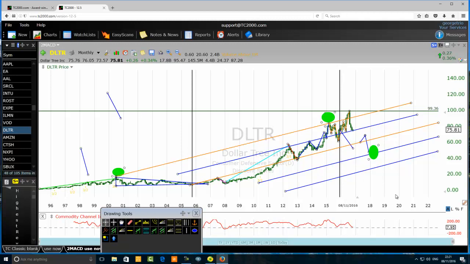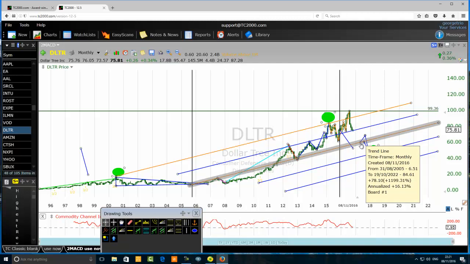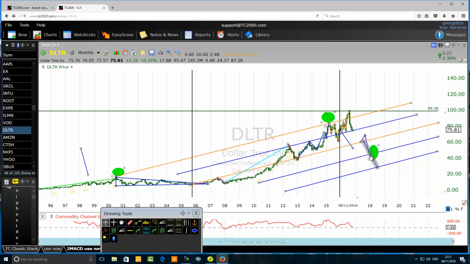That zone is needed at this point here, which also corresponds to the projection of the orange channel in the direction of the price. So the price will dip below it, and we'll try to retest the median line of the second channel.